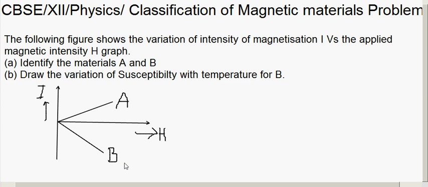So let us note that down. Material A is paramagnetic.